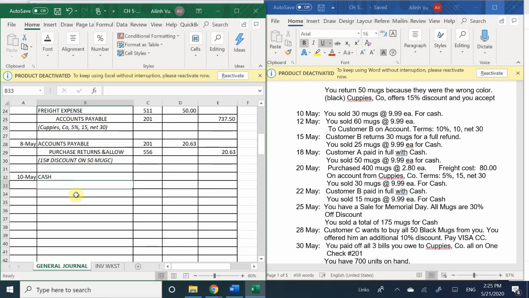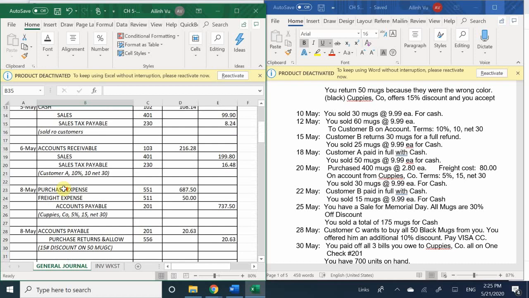We increased our cash. All right. What else are we going to recognize? Sales. And then sales tax payable.